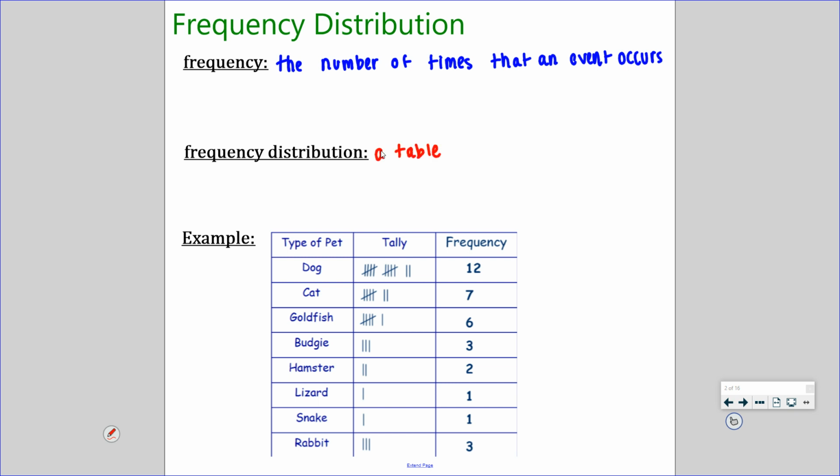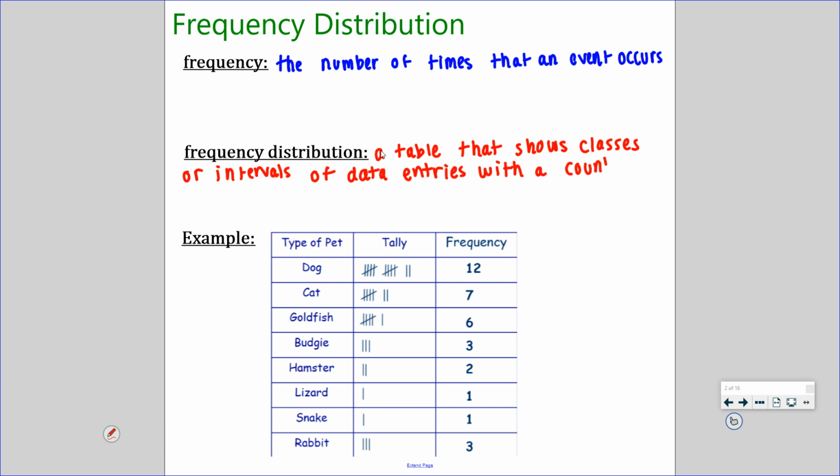So it's a table that shows classes, which are like your categories, or they might be called intervals, of data entries, with a count, the frequency, the number of times it occurs within each class.